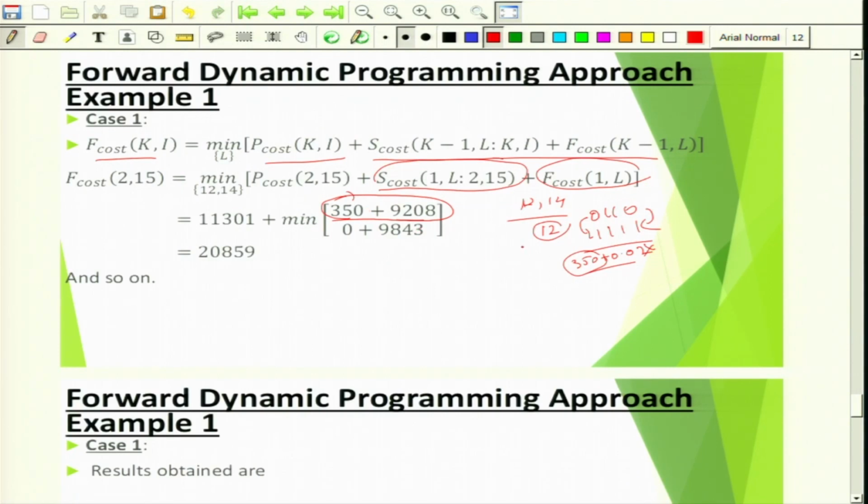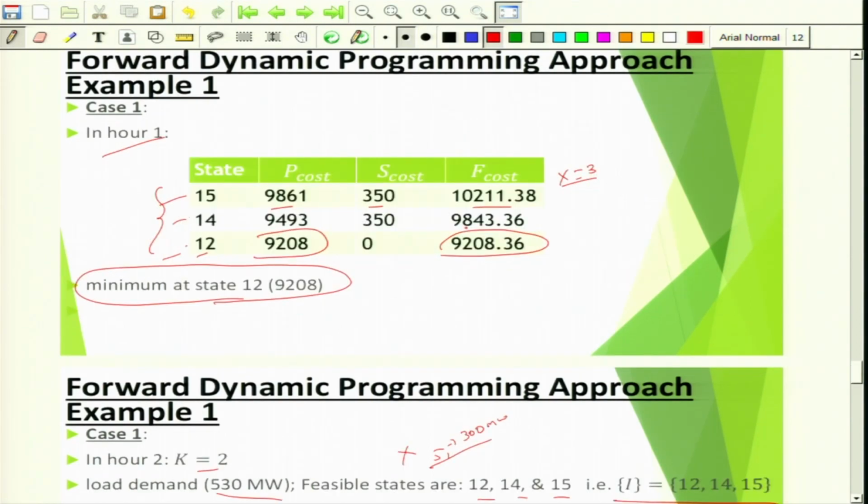And the second possible, the second most economical state was state number 14 in the first interval. Now from first interval 14th combination to the 15th combination, unit 4 is changing, that is 0.02, that is a transition cost. You can ignore that, you can consider it to be 0, plus whatever may be the production fuel cost involved in the previous state, which is combination number 14. What is that? 9843.